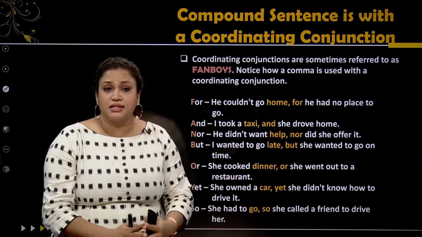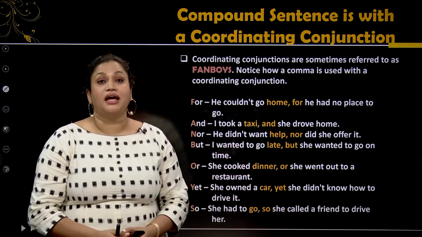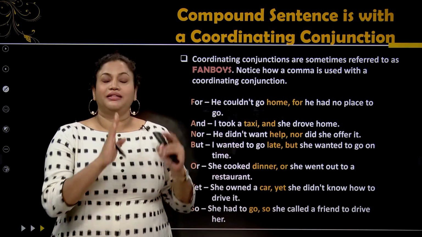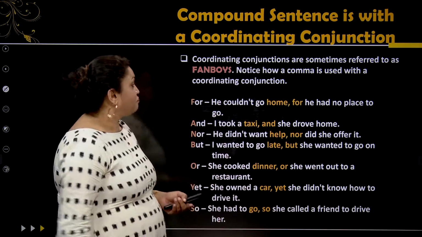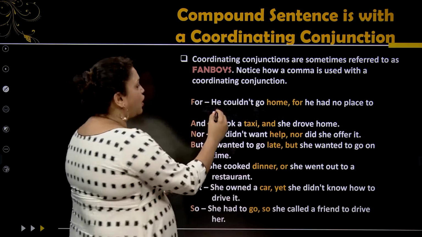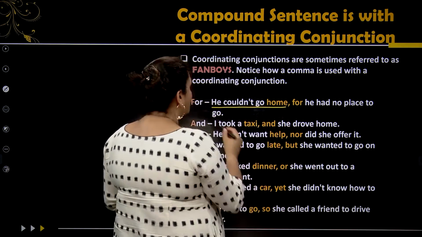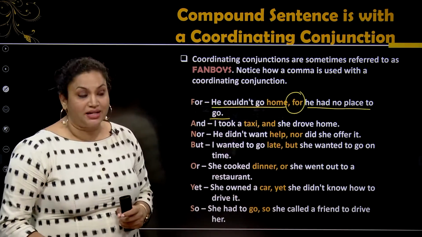In all the sentences, let's go back once again and recheck all the sentences, and you will see they are always a pair of independent sentences. Okay, he didn't go home, independent sentence. He had no place to go, independent sentence. We are using a for to join it.